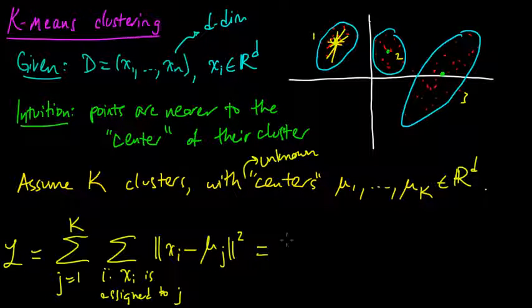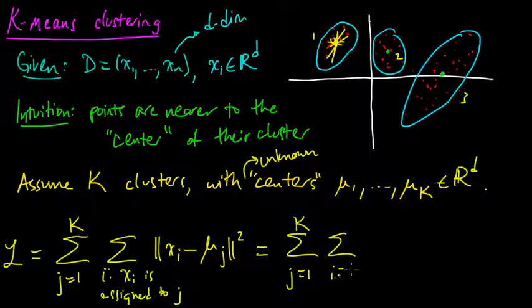And let's rewrite this in a slightly different way. We could sum over j from 1 to k, and instead sum over all the points i from 1 to n, and put a coefficient here that's either 0 or 1, depending on whether it's assigned to j, times the squared distance of xi minus mu j.